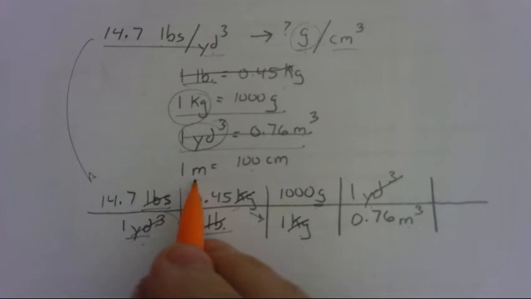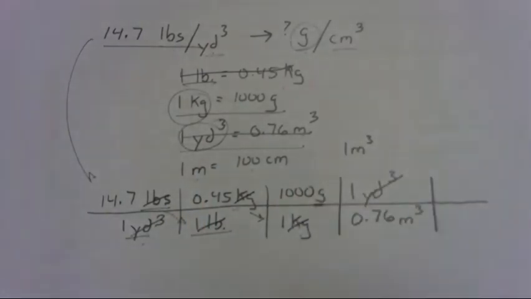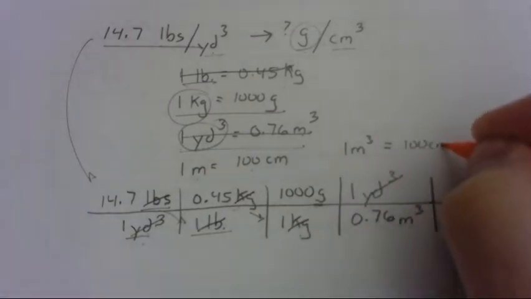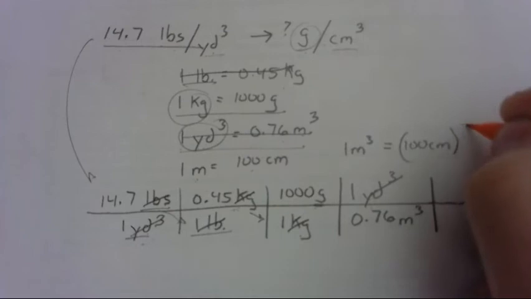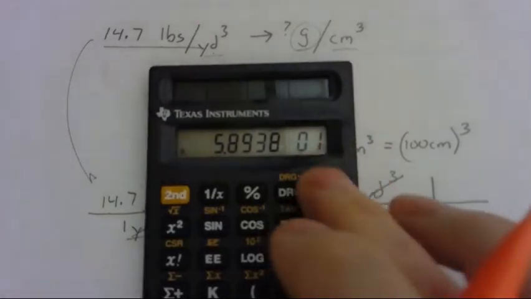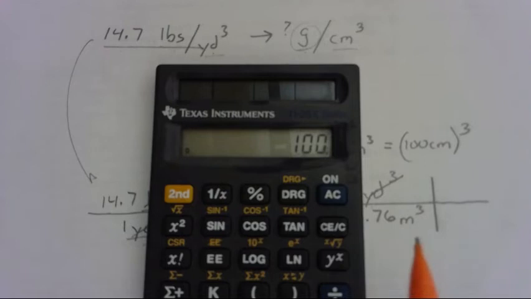So if I want to find out what 1 cubic meter is equal to, I need to take that 100 centimeters and I need to cube that as well. So 100 cubed. On my calculator, 100, and then on here, it is the y to the x button.